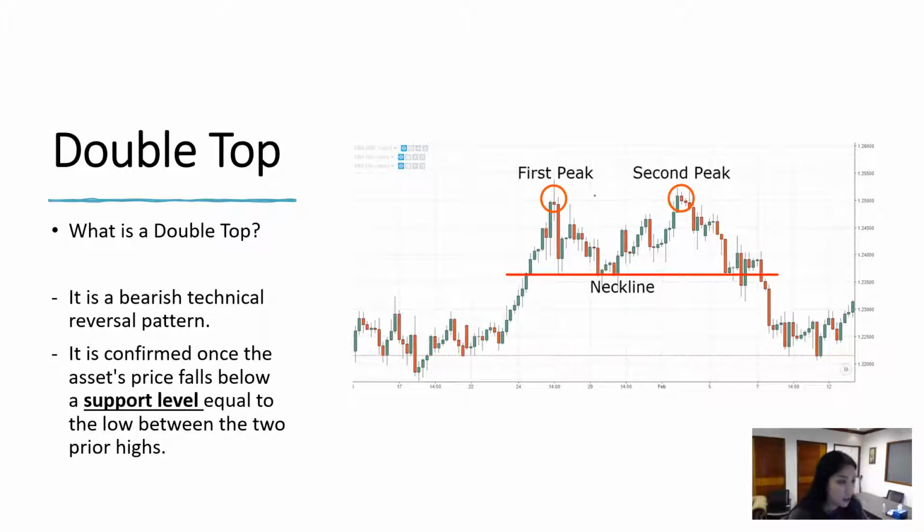To identify a double top, you need to ensure that the peak of the first high and the peak of the second high are at the same level. Even if it's not 100% the same, it should be close to 80 to 90% the same. And this will be the support level, which should be equal to the low between the two prior highs.